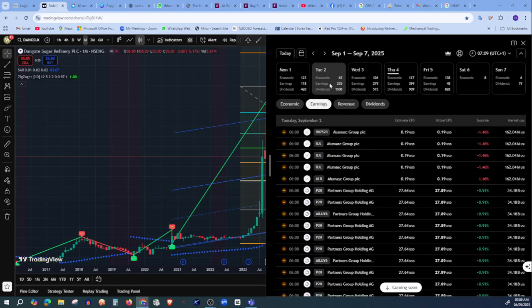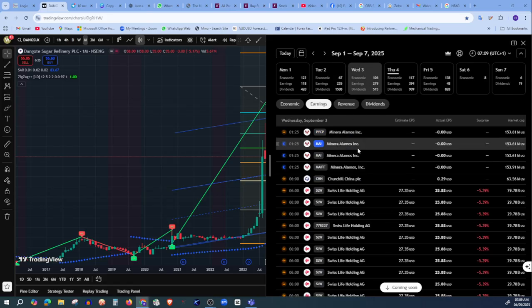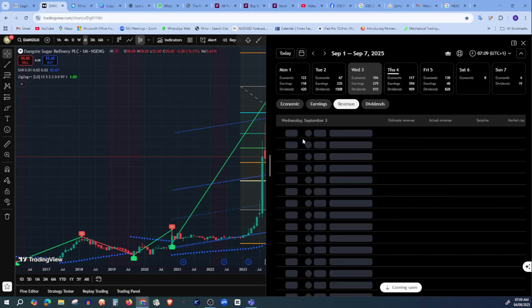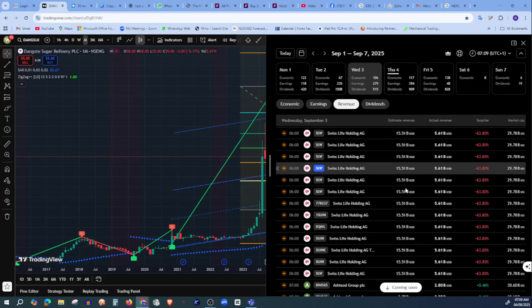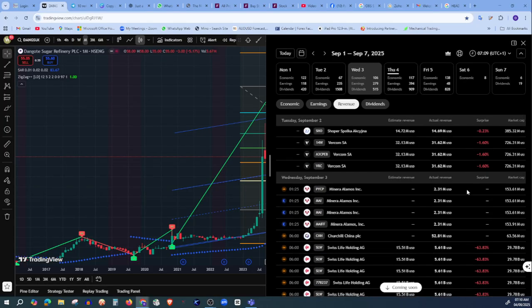You want to know which stock is releasing earnings on Tuesday. That was last Tuesday. Then Wednesday, I want to see the stocks that are releasing earnings. Then based on revenue, on September 3rd, these are stocks that are releasing their revenue.